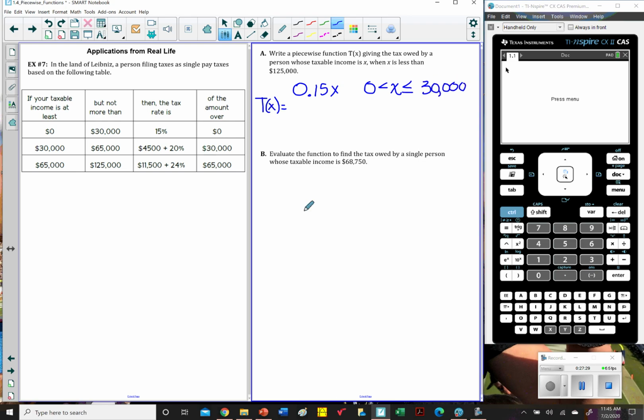$30,000. Now for the middle section, we're going to pay $4,500, I'm sorry, $4,500 plus 20% of everything you earn between $30,000.